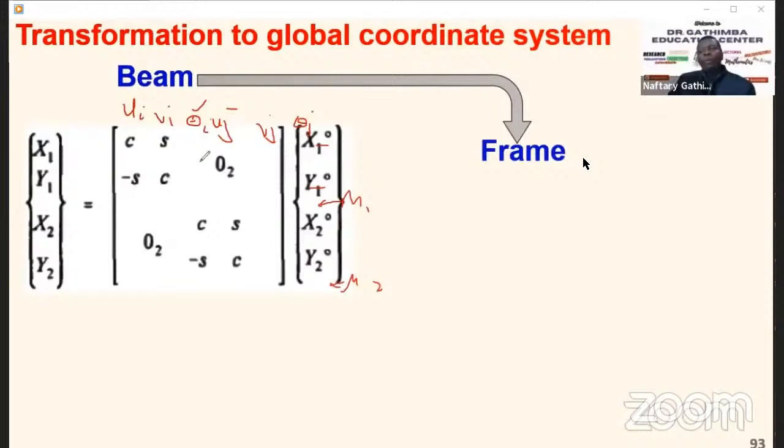And then one thing we know is that the rotation is towards the plane of the paper. So if you consider your bar, your plane frame, like this, we are talking of the component. So we are talking of the displacement in that direction and the displacement in that direction.